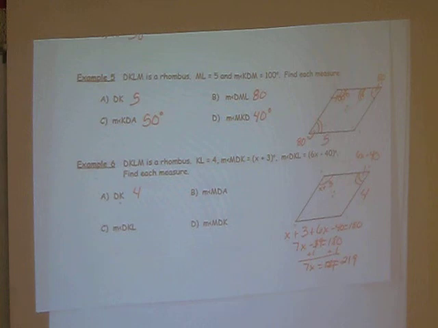Sorry about that. And 219 divided by 7, I still did something wrong. X plus 3. I'm going to stop and do that one over in a minute.